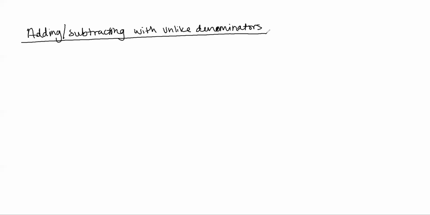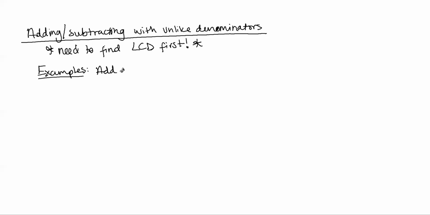The key thing with this is that we need to find the LCD first. So let's look at some examples. We're told to add or subtract, then write in lowest terms as usual.